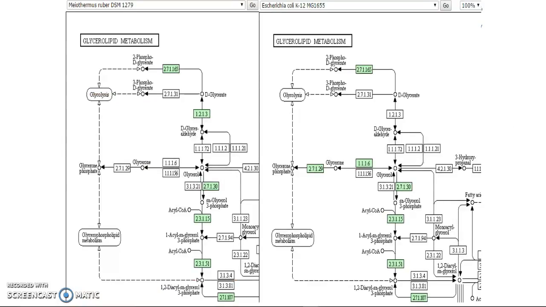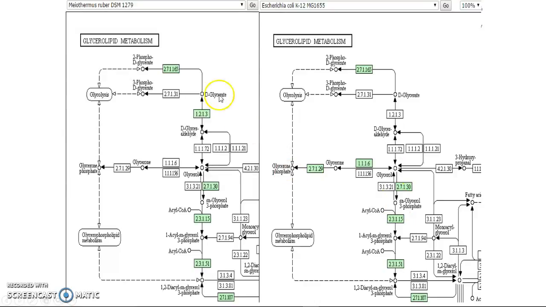And when we were determining what paralogs could be used, we used KEGG, thankfully through Kyoto University, and they built a database of pathways, and we compared these pathways in these two organisms. As we see, the left is Myothermus ruber, the right is E. coli, and when it's green, it indicates that that protein is present in that organism.